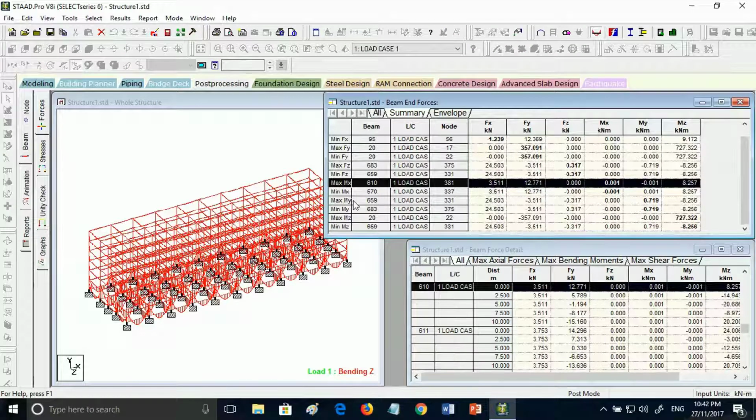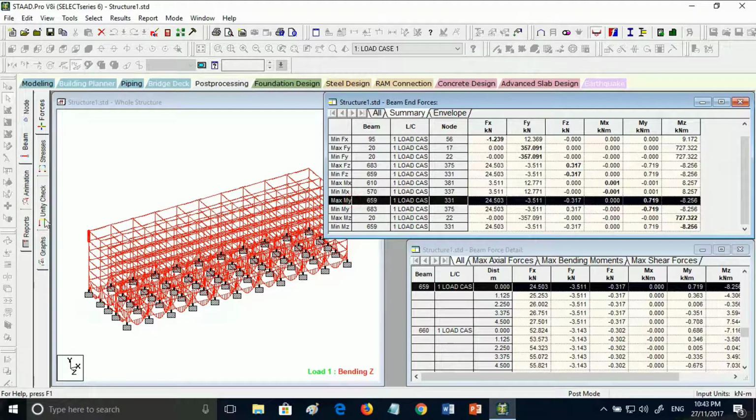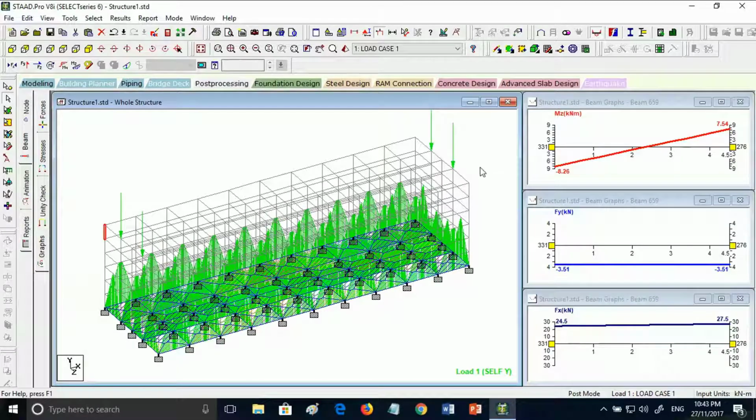The next is the maximum moment in the Y direction. It will be at beam 659, and the value is as follows. And this is the shear force diagram and also bending moment diagram for beam 659.